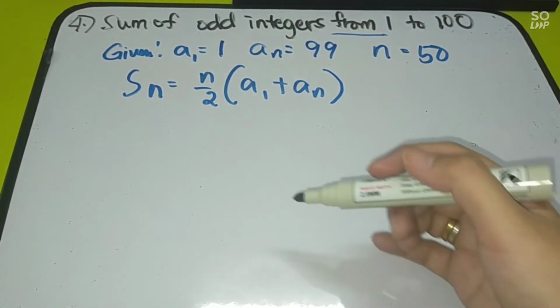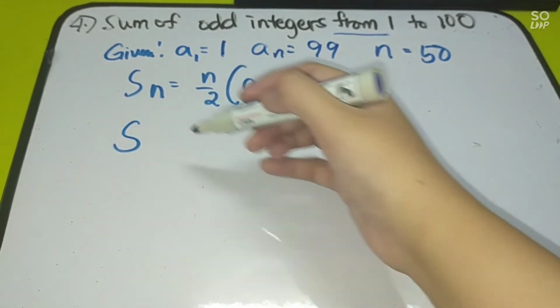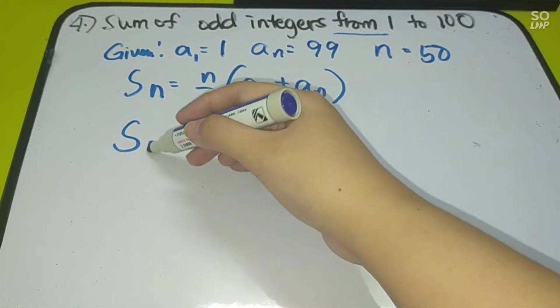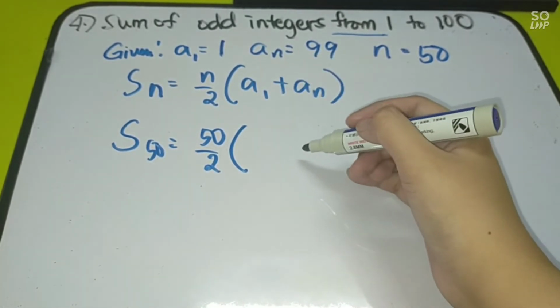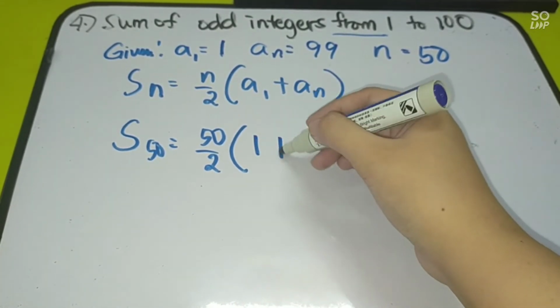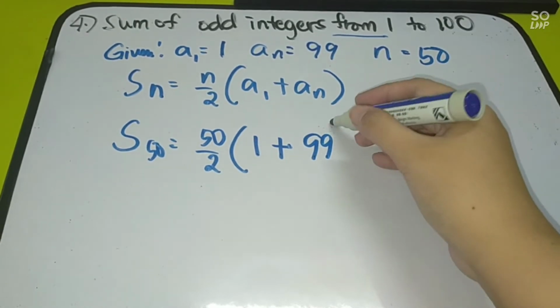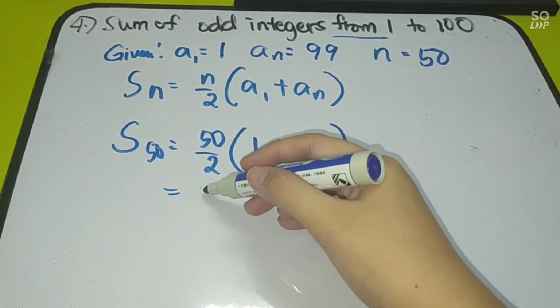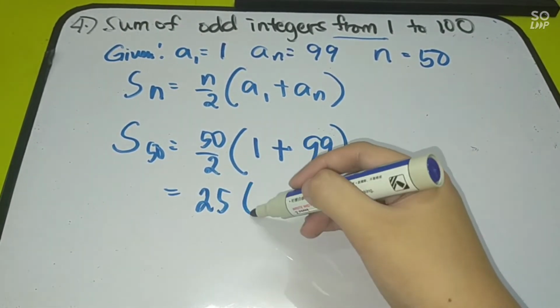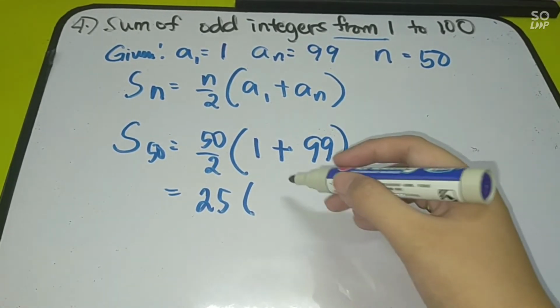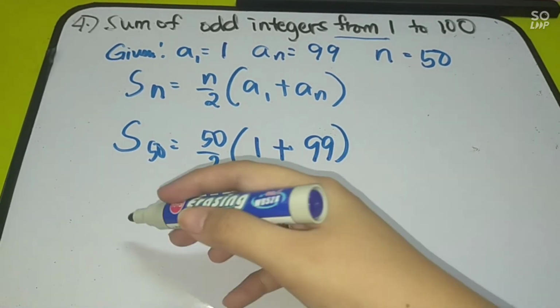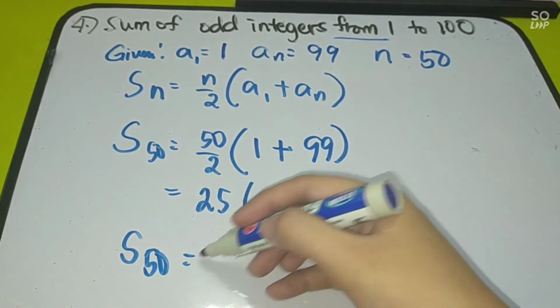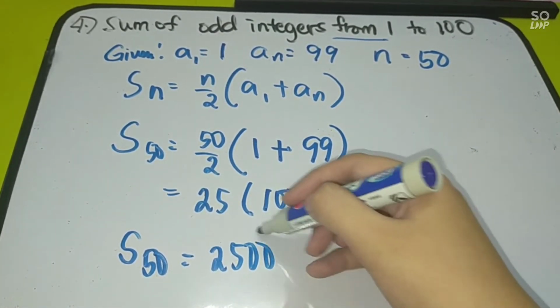O, diba? Yung madaling way na. So, S sub, ang n natin ay 50. S equal to 50 divided by 2 times. Ang first term natin ay 1 plus, ang last term natin is 99. 50 divided by 2, we have here 25, multiplied by 1 plus 99, that is 100. Then multiply. So, S sub 50 is equals to 2,500.